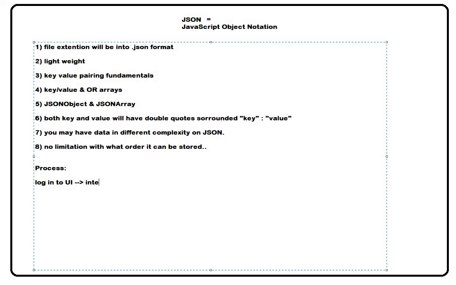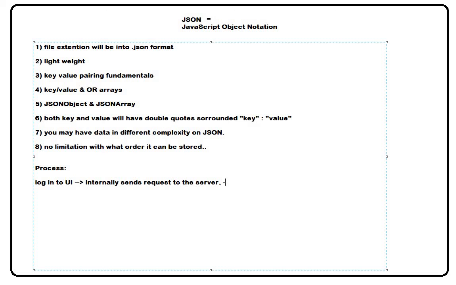Then it will internally send a request to the server. Maybe the server will then connect to the database to get that information based on what you are asking for, based on your credentials and whatever you are requesting. The server will do that entire processing for you, and then find the information.